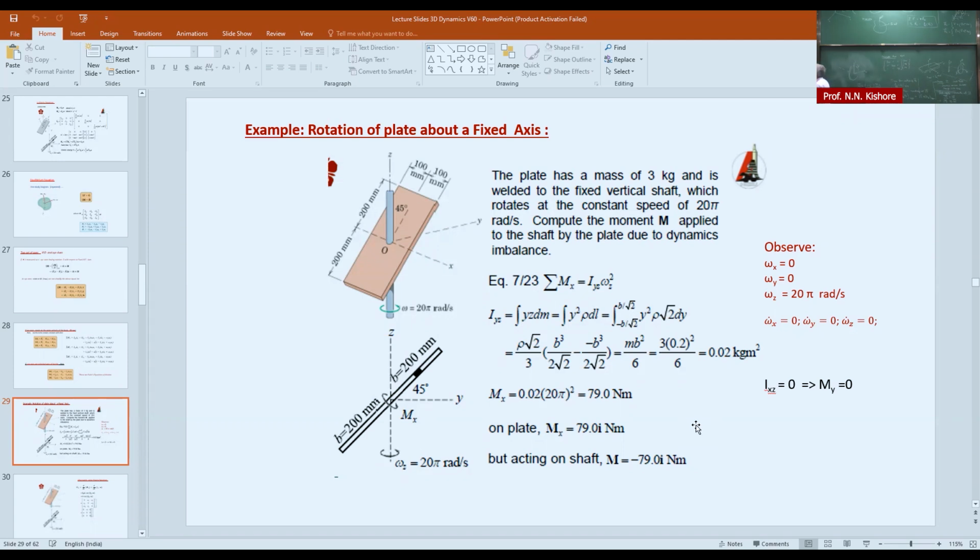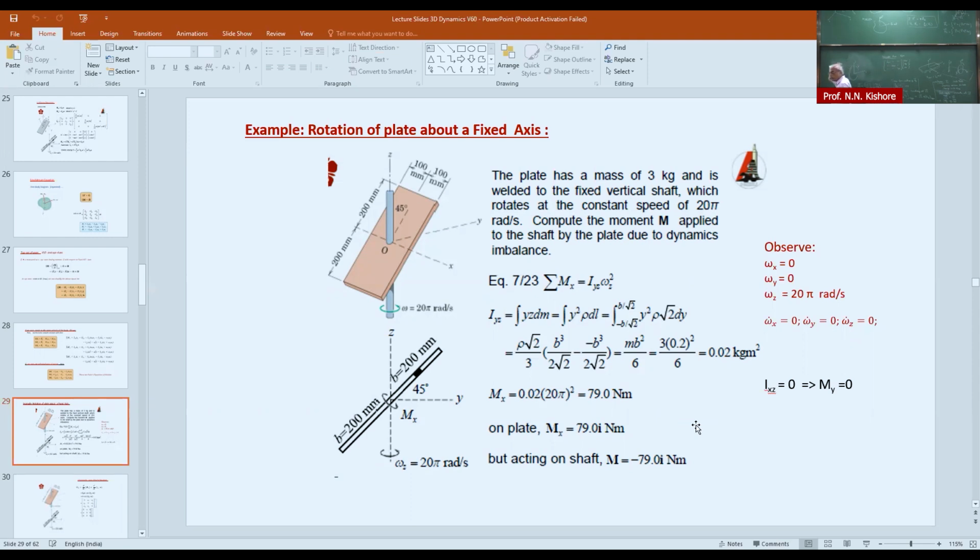There is one bearing, say A at the top, and another bearing B. So what kind of forces are required so that you can create Mx? Or in the reverse direction, the plate will exert that kind of forces on the bearing, and we require forces by the bearing to have this kind of motion. So what kind of forces will this exert on the bearings?